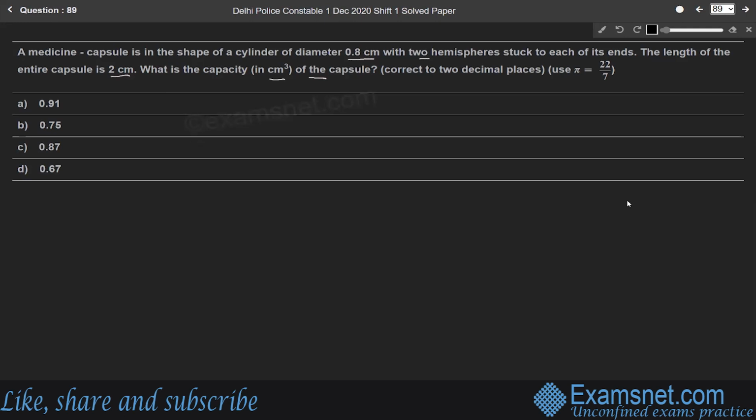Let us consider a capsule in the shape of a cylinder, right, with two hemispheres stuck to each of its ends. So like this.